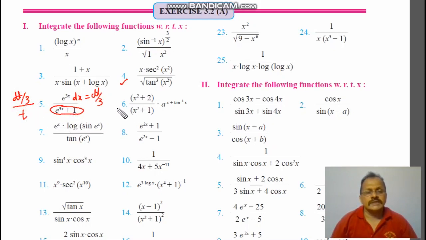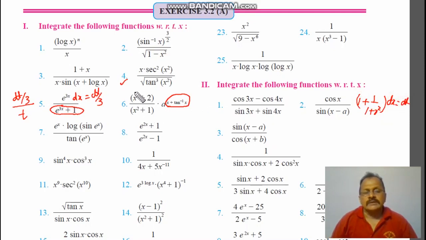Next one, sixth, x square plus 2 upon x square plus 1 into a raised to x plus tan inverse x. Here x plus tan inverse x, if you put it equal to t, then you will get 1 plus 1 upon 1 plus x square dx is equal to dt.